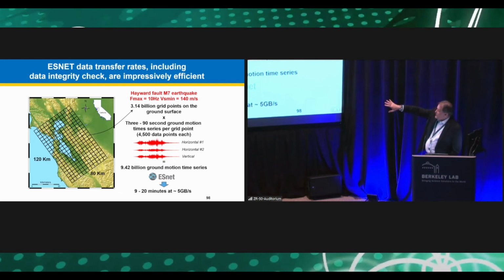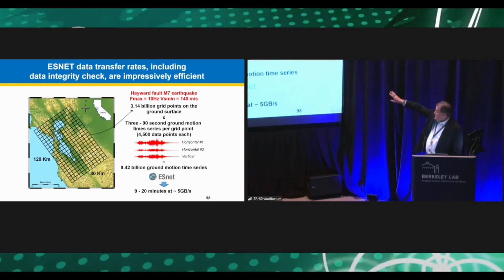So if we think of the data we transfer from that grid that's 120 kilometers by 80 kilometers at 2 meter spacing, that results in about 3.14 billion grid points that we have to transmit data for. Every one of those grid points has an earthquake time history, a velocity time history, 2 in the horizontal direction and 1 in the vertical direction.